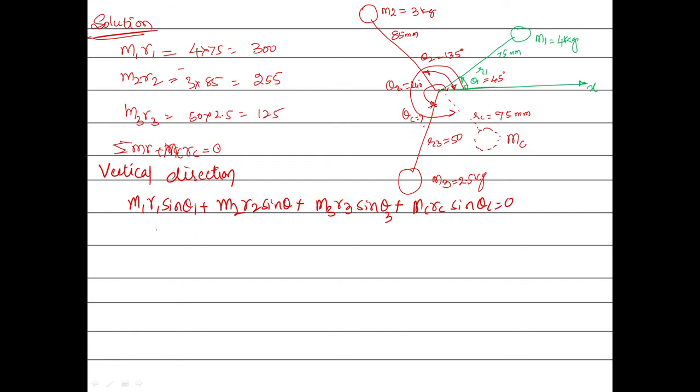M1 R1 is 300, sine 45. M2 R2 is 255, sine theta 2 is sine 135. M3 R3 is 125, sine 240, plus MC RC sine theta C, which is unknown.